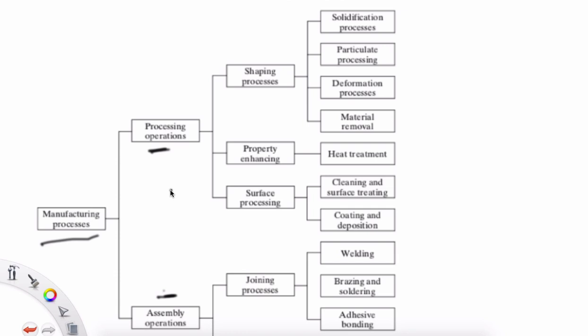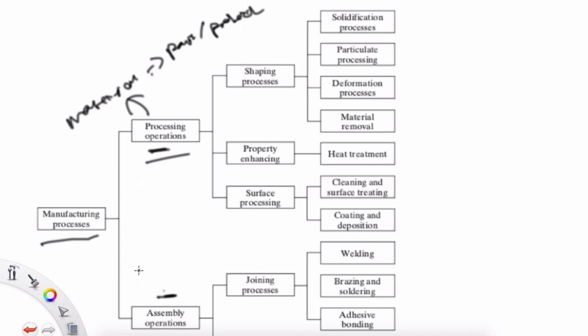Generally, processing operations are performed on discrete parts, but some processing operations are also applicable to assembled items, for example painting or welding. That is the difference of the processing operation. So it moves the material to become the part or product.